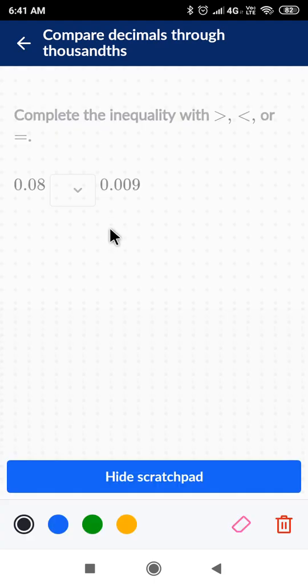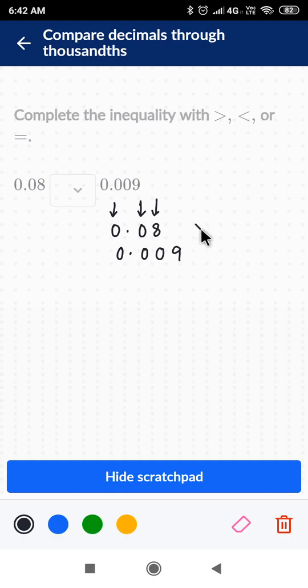0.08 and 0.009. Let us compare. 0 is same, second digit also same, third digit 8 is greater than 0.